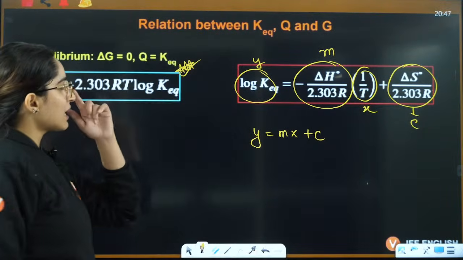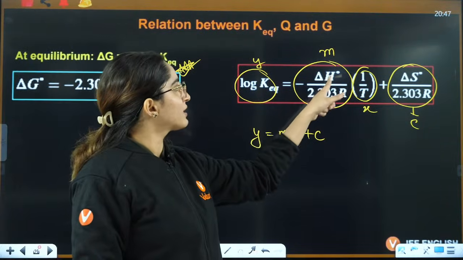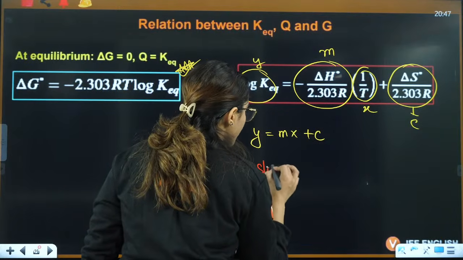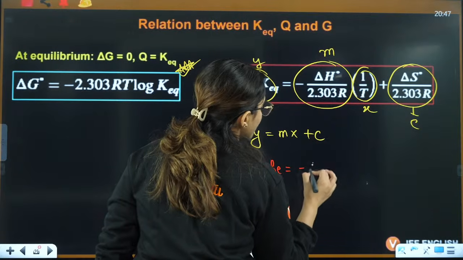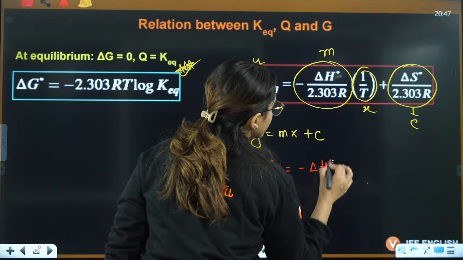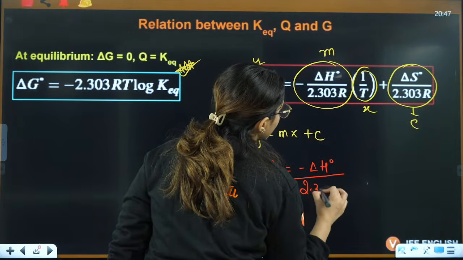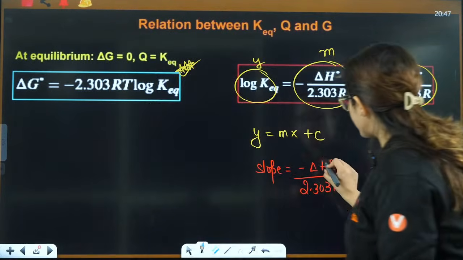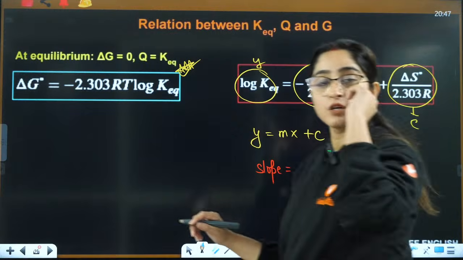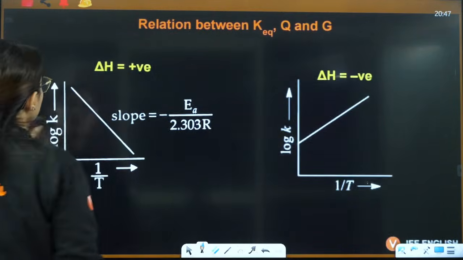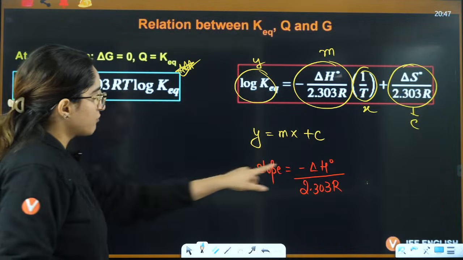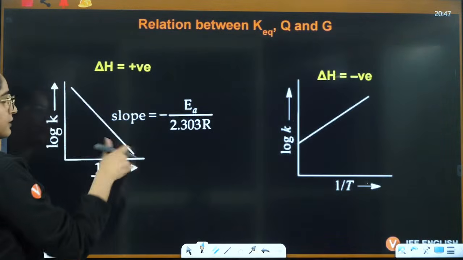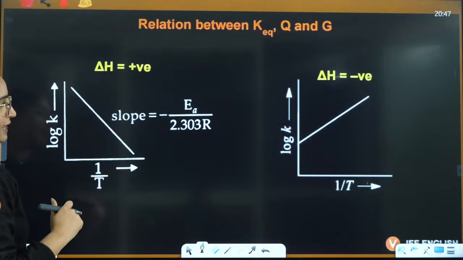So when I say delta H is positive, you can see one thing here, that slope is minus delta H naught by 2.303 R. If I say delta H is positive, slope will be negative, because overall it will be negative, so it will go down, it will be descending, right?